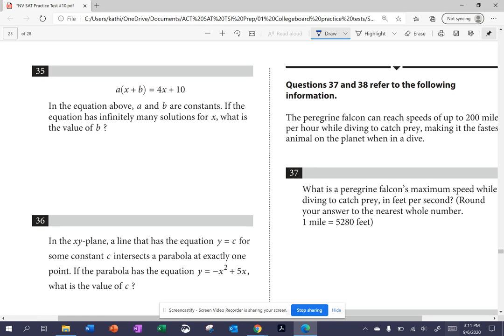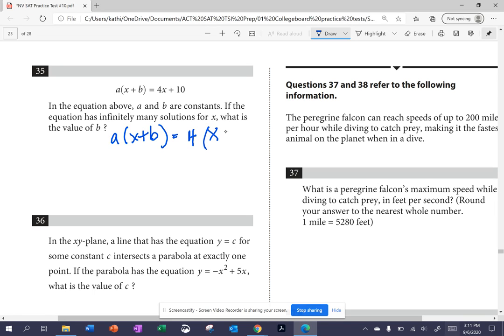Okay, so I'm going to factor out 4. So I have the same values here. So I'm going to factor 4 out. So I have a times x plus b. I factor out a 4.